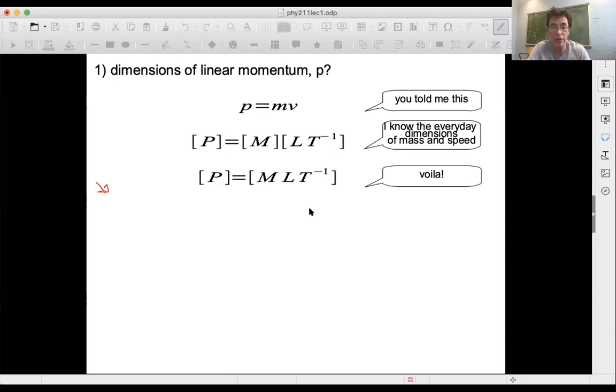And so we've found the dimensions of momentum. They're mass times length divided by time, this product of the dimensions of mass from the m in the defining equation and the dimensions of velocity from the length over time, the dimensions of velocity in the defining equation.